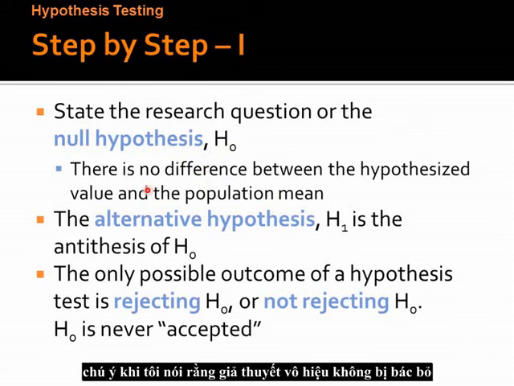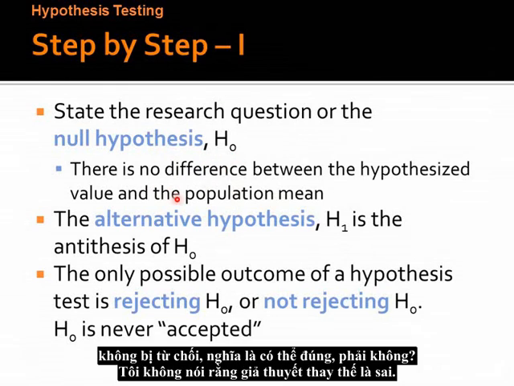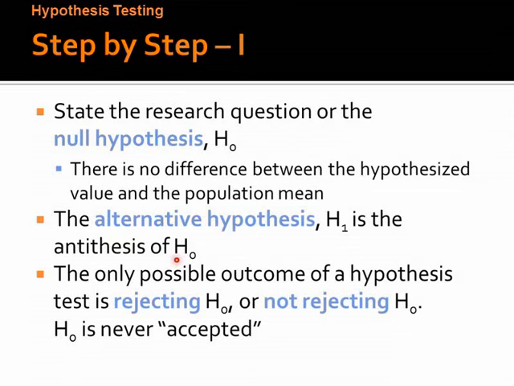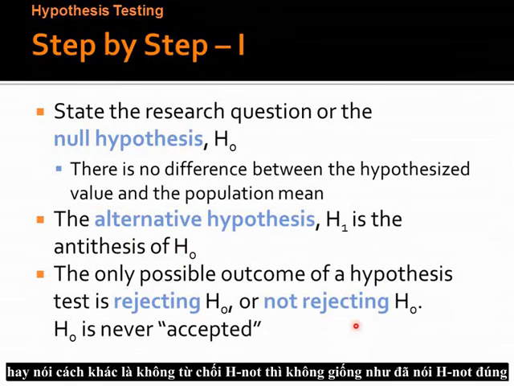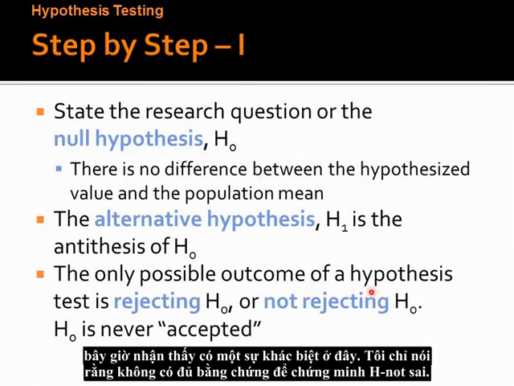Now notice when I say that the null hypothesis is not rejected, it could be true, right? I'm not saying that the alternative hypothesis is wrong, right? Not rejecting H0 is not the same as rejecting the alternative hypothesis. Or in other words, not rejecting H0 is not the same as saying H0 is true. Now notice there's a subtle difference here.